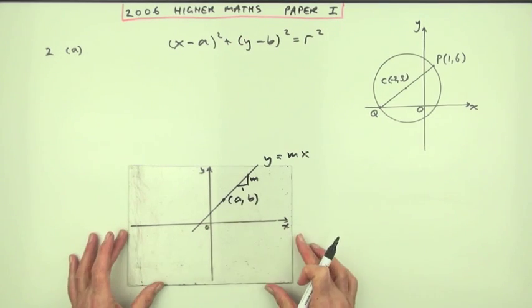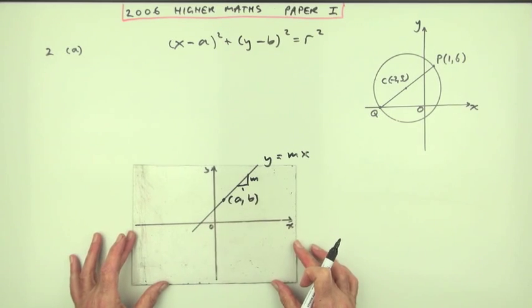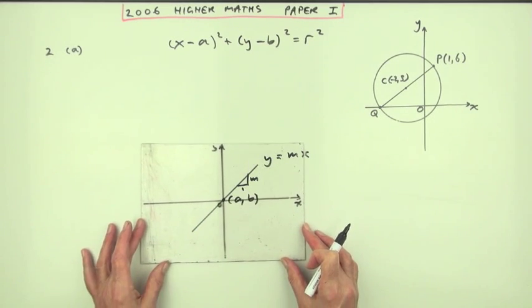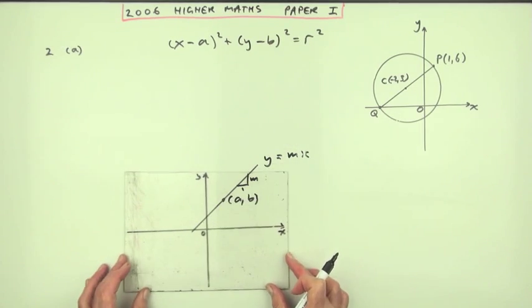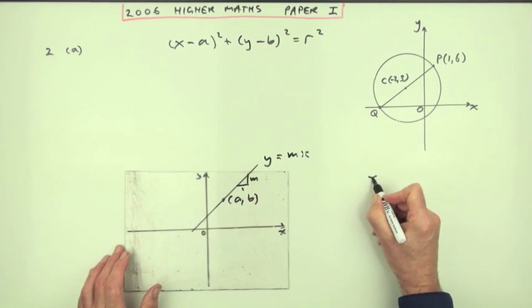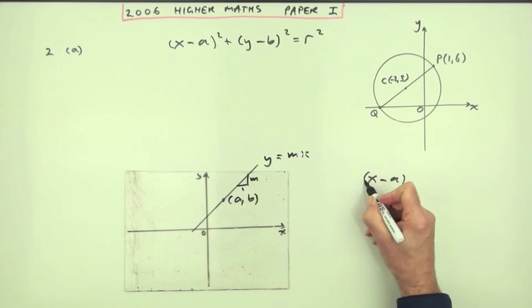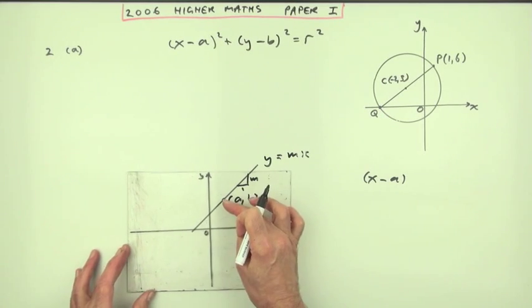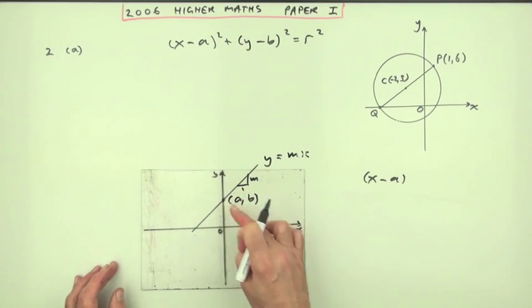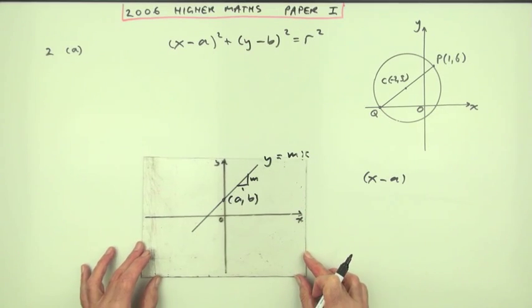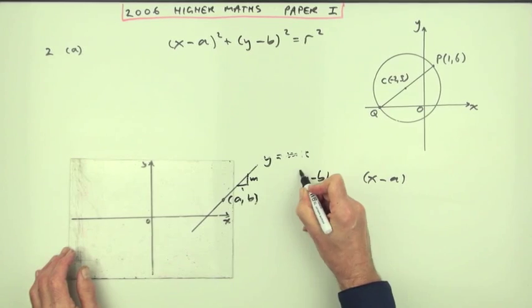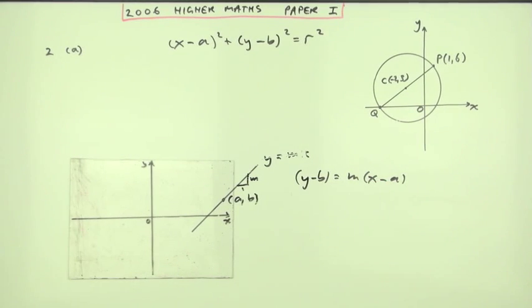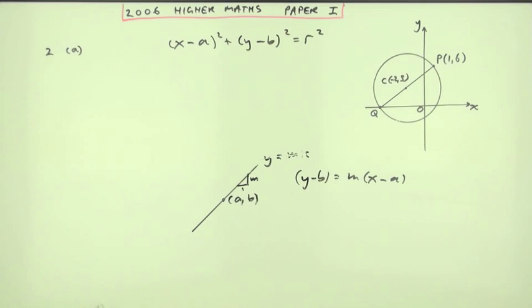If I shift it along a and then shift it up b, I've got a line going through the origin again. If you shift it along a, you'll be taking a off the x coordinates. All the x coordinates are getting smaller until they become 0 for that point. And if you shift it up b, you'll be taking b off the y coordinate. So it becomes y minus b equals m times (x minus a). It's the shifted basic equation.